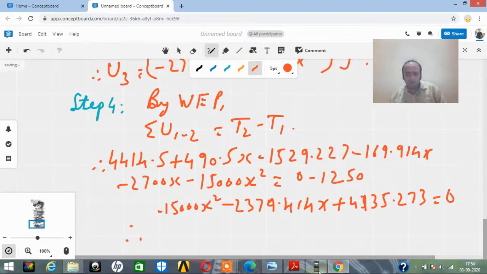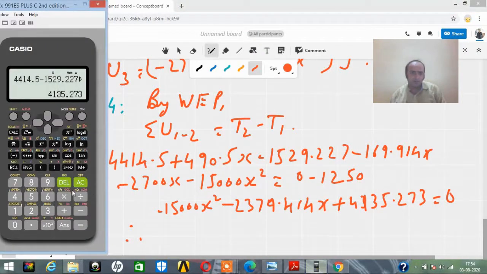Therefore, let us do the calculation of this; very easily it's going to come. So minus 15,000 x square minus 2379.414x plus 4135.273 is equal to 0, a quadratic equation.